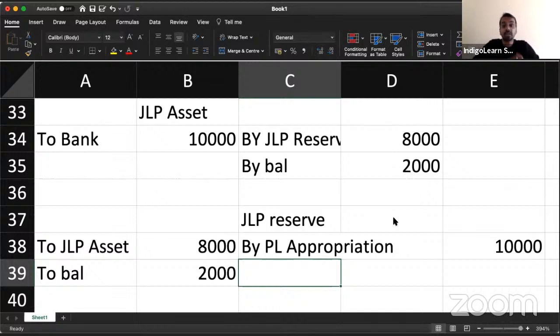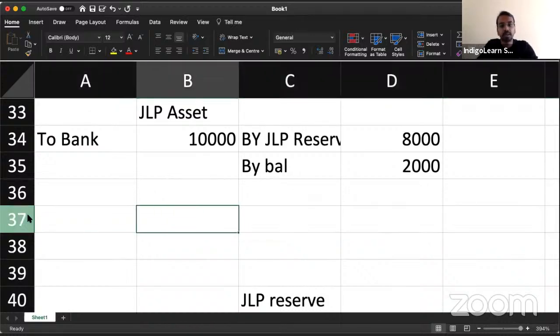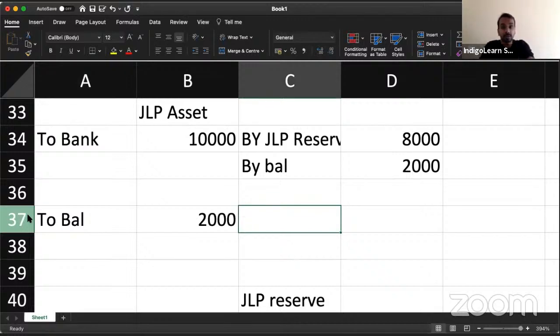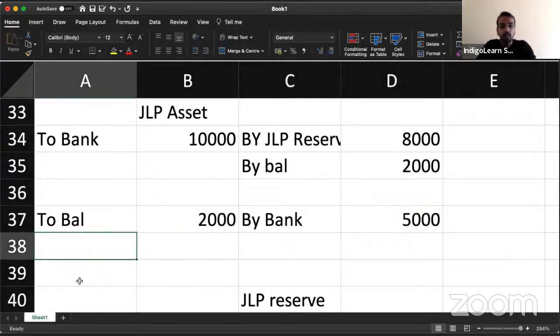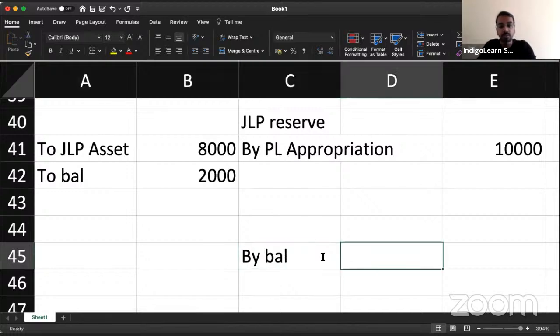Now, when the policy is closed, you will transfer the reserve balance to the asset account. So let's say the policy is closed in the next year. In the next year, to balance 2,000. And this year the policy is closed and you got, let us say, 5,000 for example. So by bank 5,000.